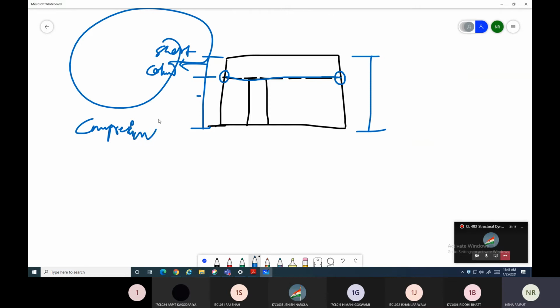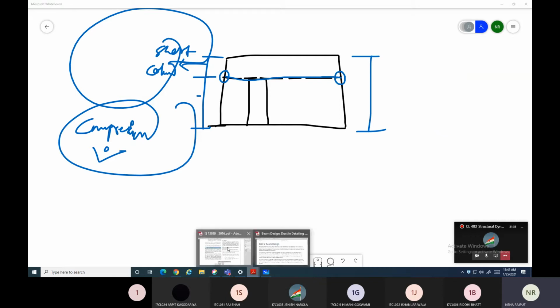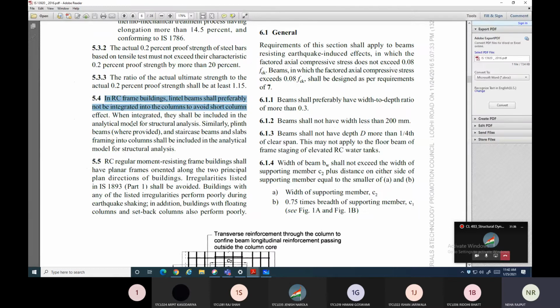So you will see this from the earthquake tips by IIT Bombay. From those earthquake tips you can get this concept, what is short column effect as per earthquake point of view, and that will be covered by Bhargav sir. So to avoid this condition, this will not be integrated.